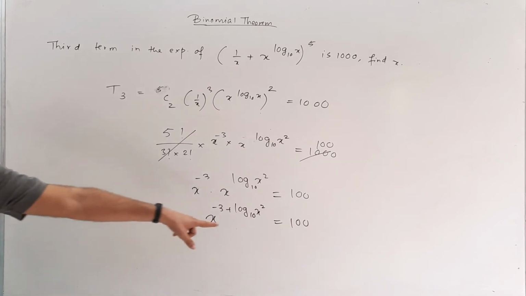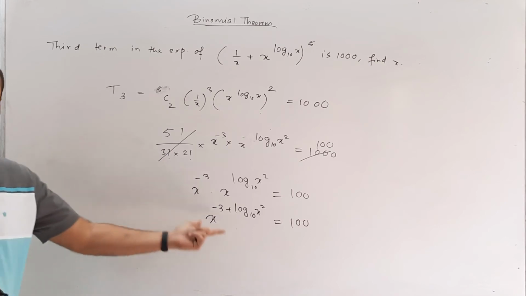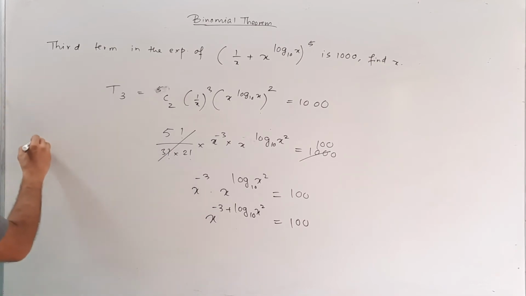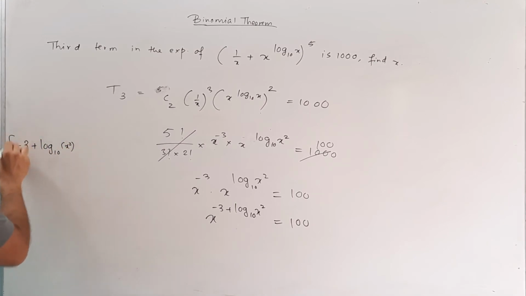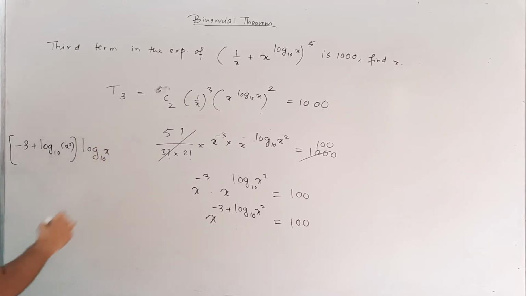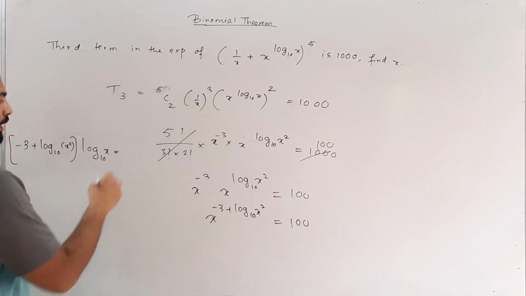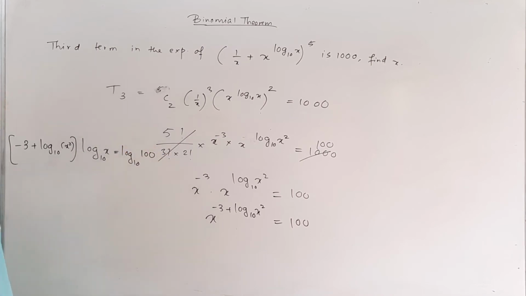Now we will use logarithms for this, and I am taking log on both the sides. If I take log on both the sides, we can do it as minus 3 plus log to the base 10 x square, log to the base 10 x, and for this 100 I can write log to the base 10 of 100.